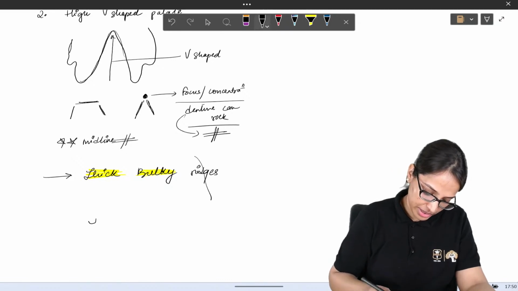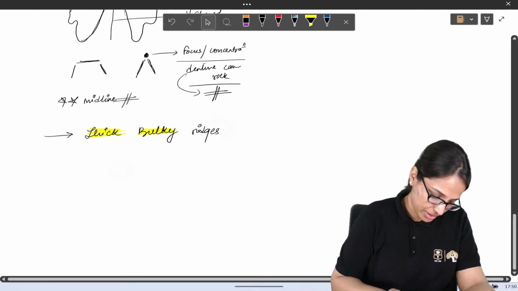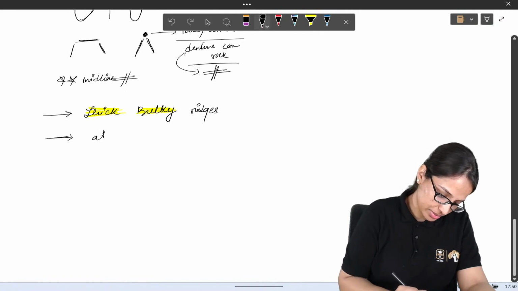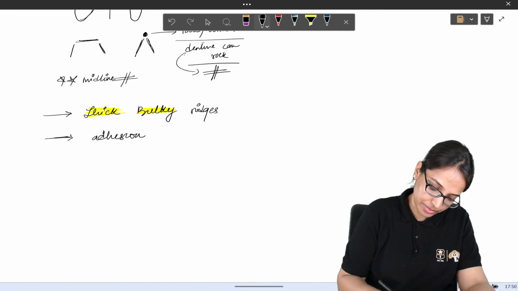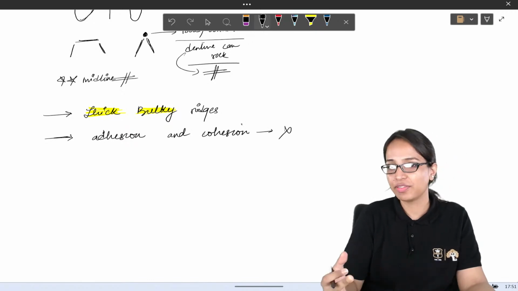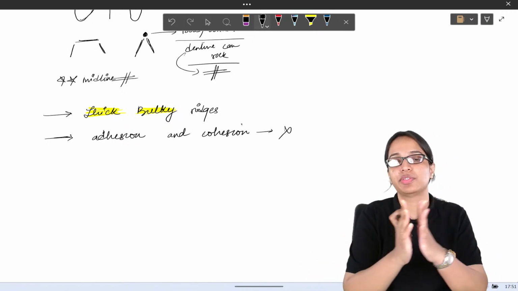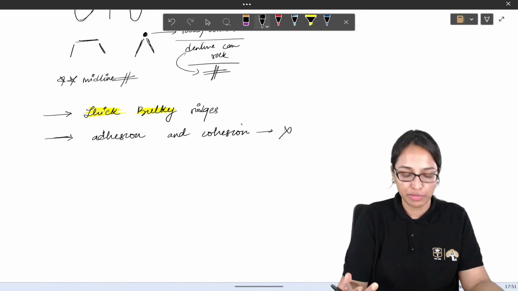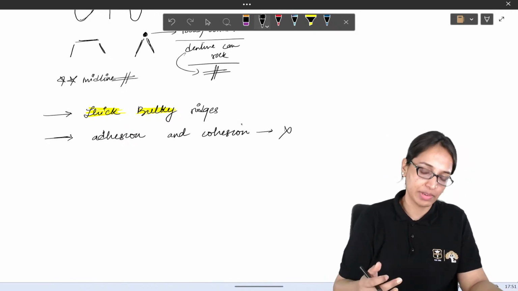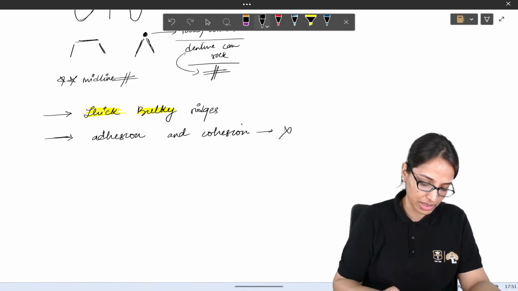It is not a very favorable combination in general. The reason is that for adhesion and cohesion, you don't have sufficient walls for that intimate contact, and because of which retention will be compromised despite having good bulky ridges.